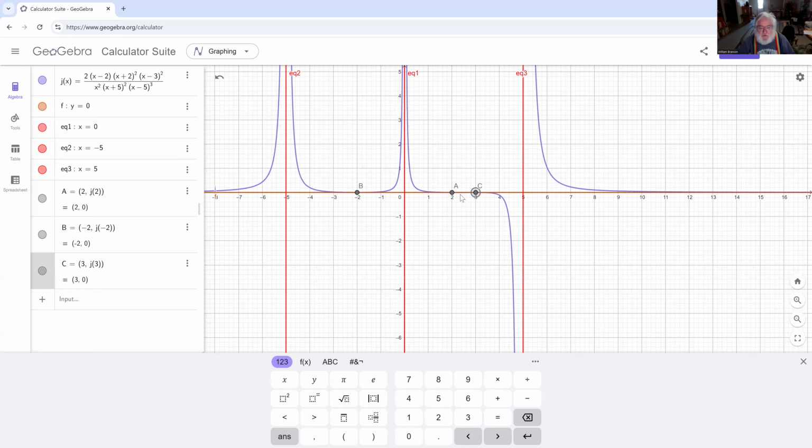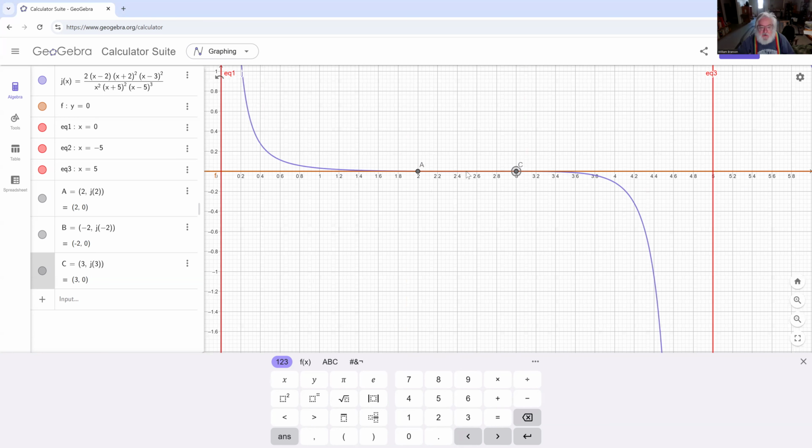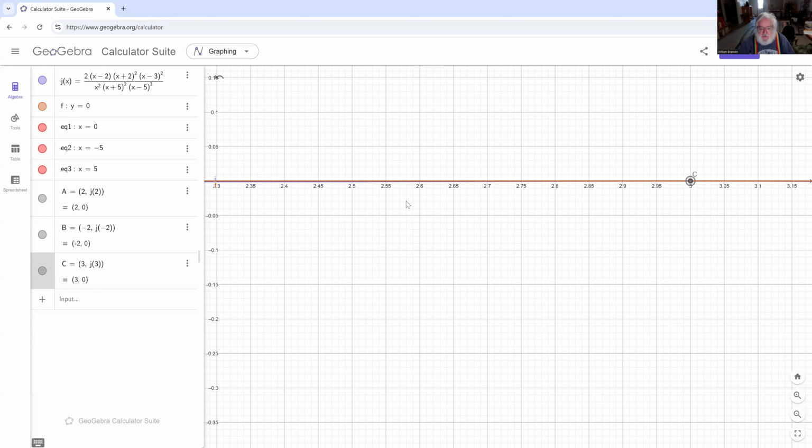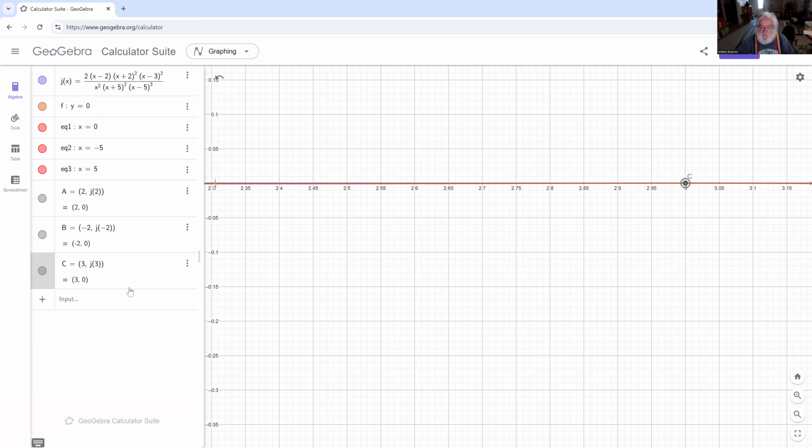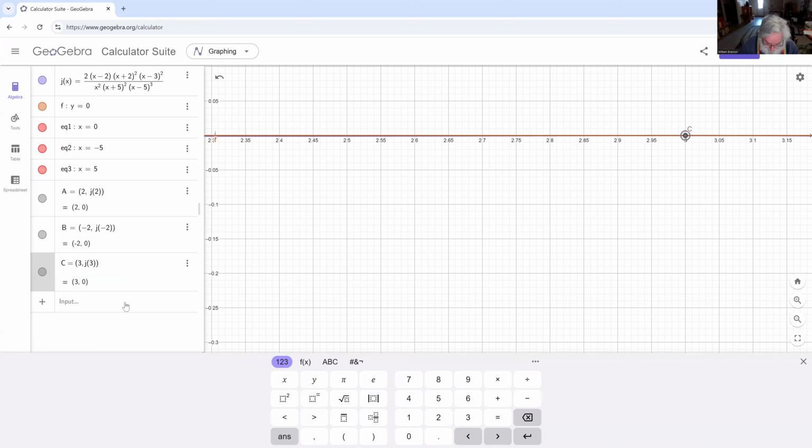So in between these two, you zoom in super close, it looks like it's just along the x-axis. But if we do, say, f of 2.95, wow, it gives you back 0 because it's just too hard to compute.